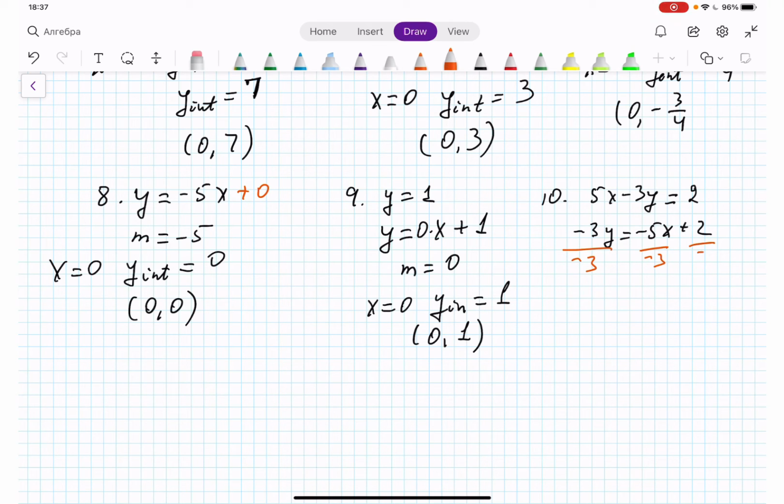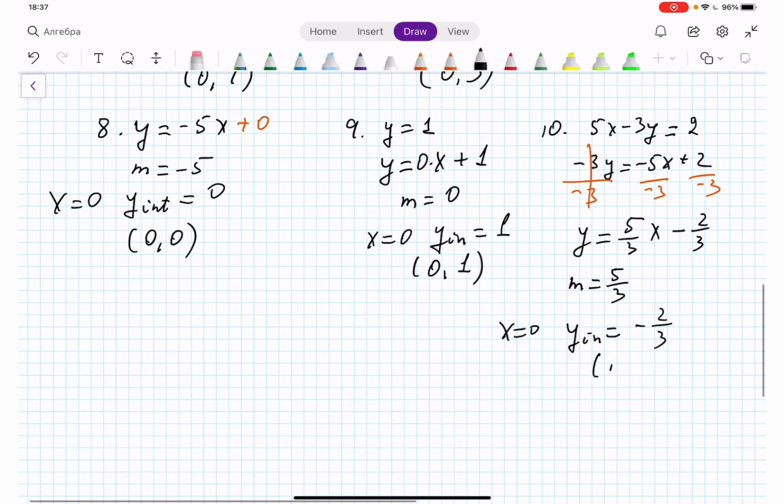My y is equal to positive 5 over 3x minus 2/3. So from here, m is equal to 5 over 3, the coefficient of x, and the y-intercept is equal to this constant term, negative 2/3, when x is equal to 0. So from here, we are getting (0, negative 2/3). Okay?